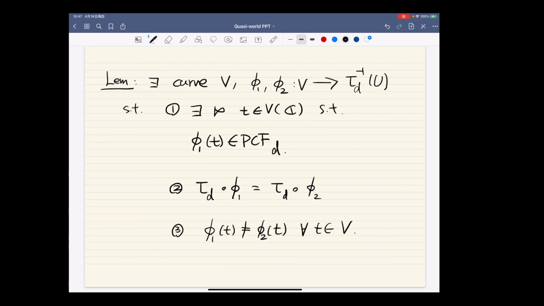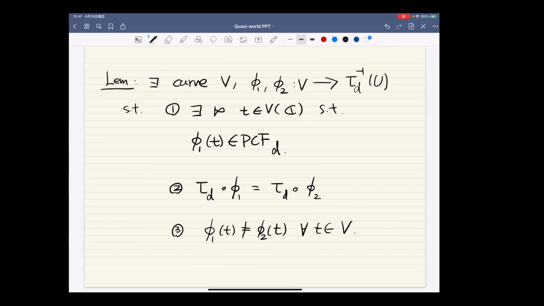So it means that we have a curve V and two morphisms, phi1, phi2, from V to this tau d minus 1u, such that the following holds. First, there are infinitely many parameters t in V such that phi1t is a PCF map.